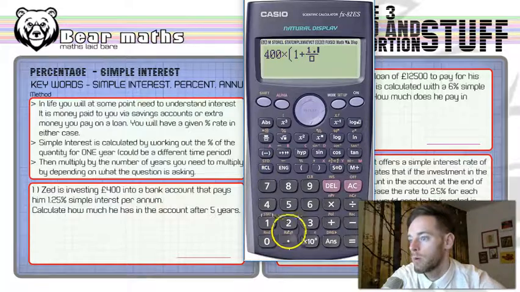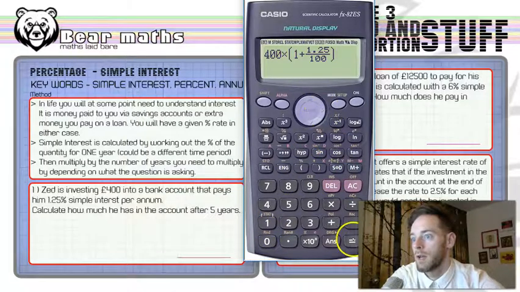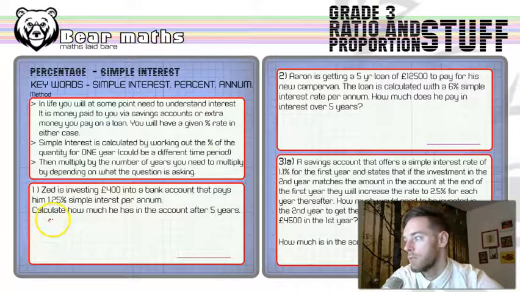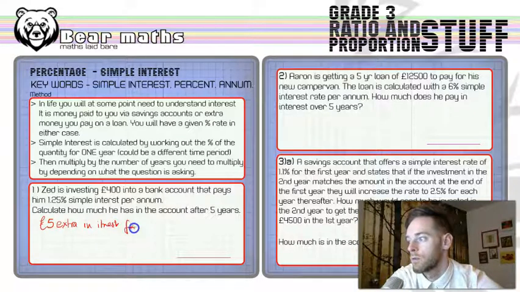So 1.25 out of 100. And then we'll find out what that is. So we know it's going to get £5 extra. You can see the difference between 400 and 405 is £5 per year. So £5 extra in interest for 1 year.